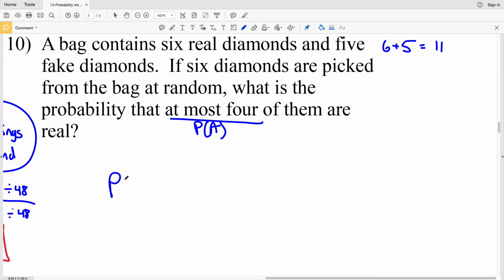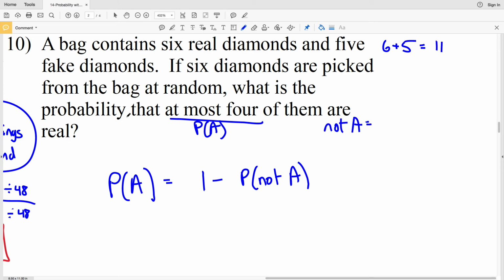So we're going to have the probability of A equal to 1 minus the probability of not A. For the different combinations for not A, we can either have all 6 diamonds real, or we can have 5 real. But remember, if we have 5 real, we have to calculate the different combinations of 5 real and 1 fake.